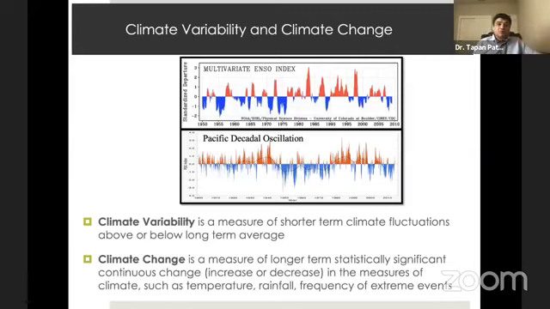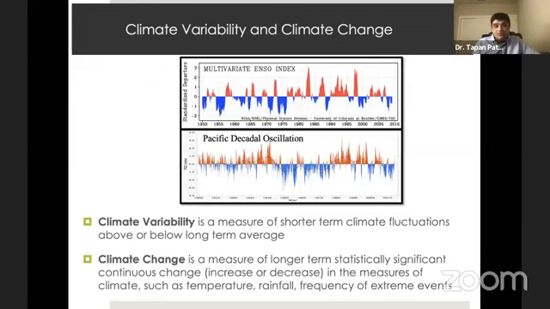For example, this multivariate ENSO index is one of many indices that define El Nino, La Nina, the El Nino Southern Oscillation patterns or phenomena, right? That variation is short term, which can fluctuate from 6 months to about 2 years. But that fluctuation defines those phenomena.